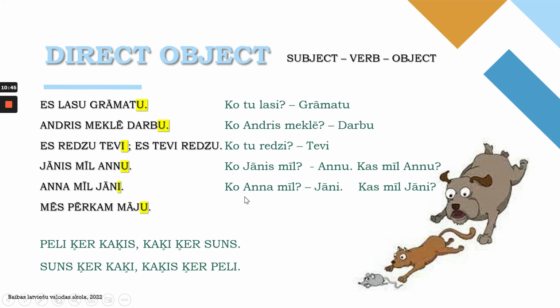Ko mīl Anna? Vai ko Anna mīl? Anna loves Jāni. Kas mīl Jāni? Who loves Jānis? The answer is Anna. So kas is a nominative question and asks for a subject of the sentence, and ko is accusative question word and asks for an object of the sentence.